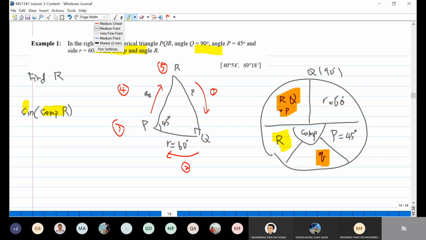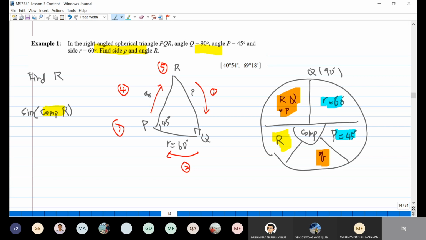Sine of the complement of R here, it's below the view now, is equal to... there are two things opposite R, which I have here. Opposite R, so you use a cosine, right?